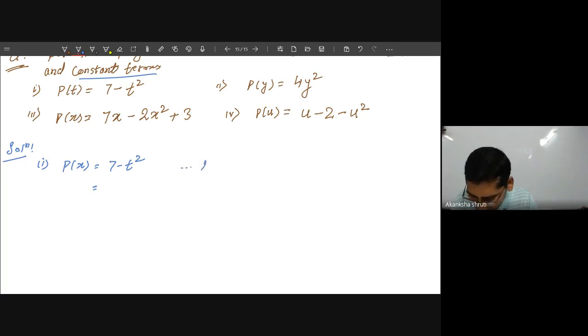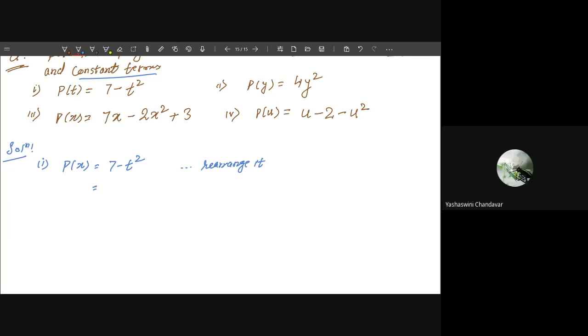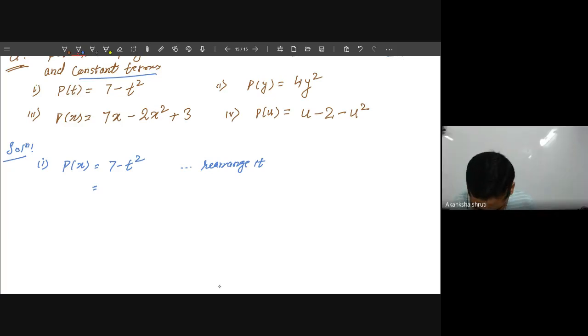So you have to just rearrange this. So t square will come first, but this minus is associated with this t square, so it becomes minus of t square, and 7 is plus. So you have to write like this.